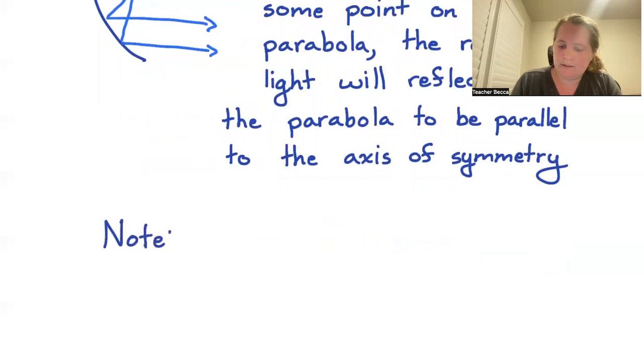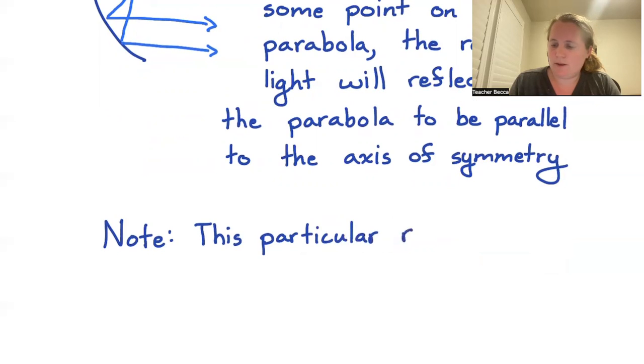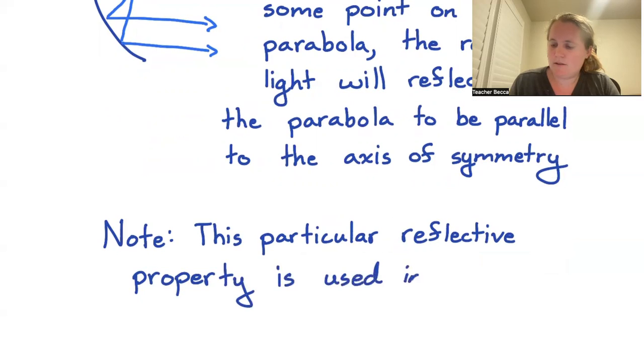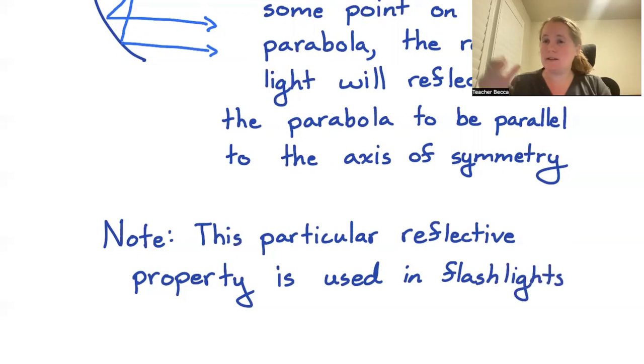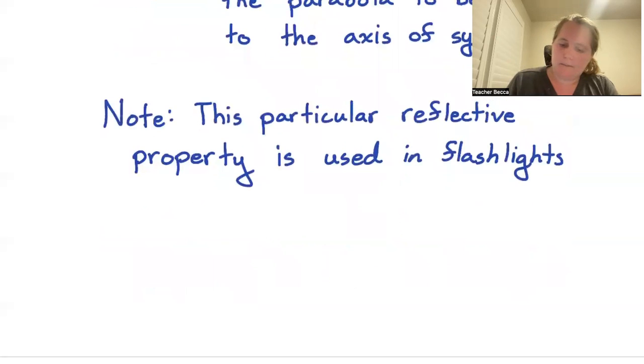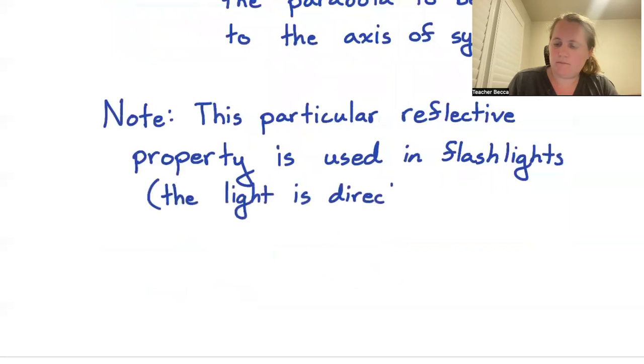Note this particular reflective property is used in flashlights to direct light in more of a straight beam instead of it scattering everywhere. Light is directed in a straight beam.